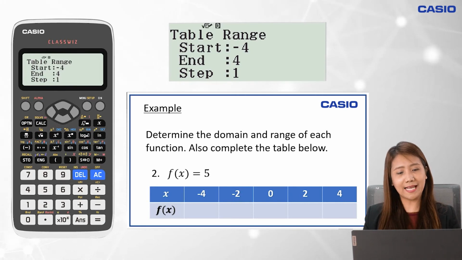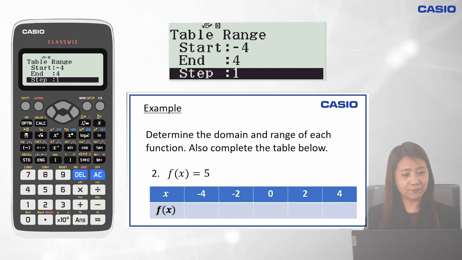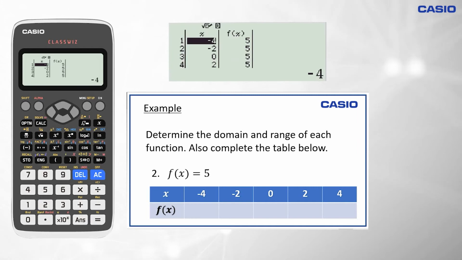And press equal sign. Since the interval between the values of x is 2 units, then the step is 2. So input 2, then press equal sign twice. And the table will appear. The domain is all real numbers and the range is 5.